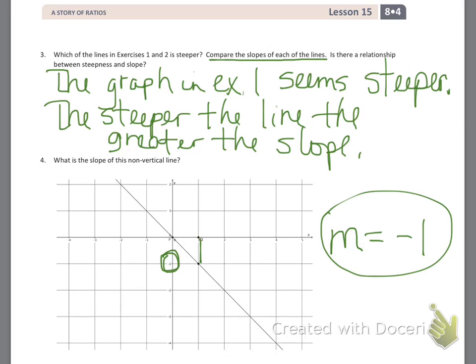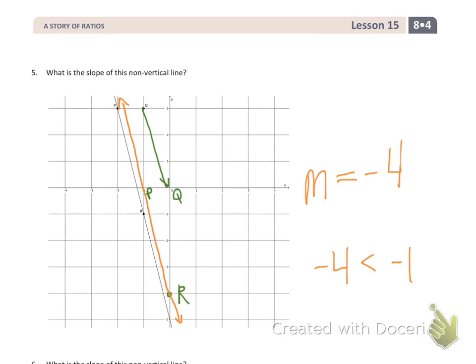in 4. So what are we really talking about? How can we say that the slope of -4 is steeper than that? So one thing that you might have thought of is thinking of maybe absolute value. The absolute value of 4 is actually greater than the absolute value of -1, right?